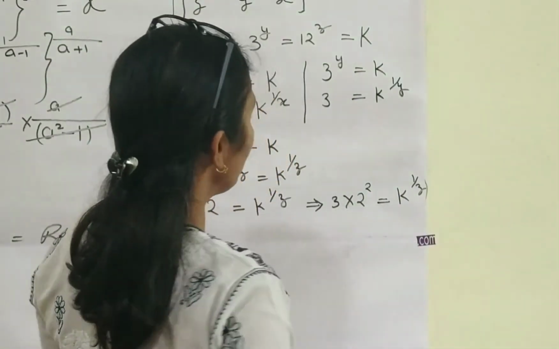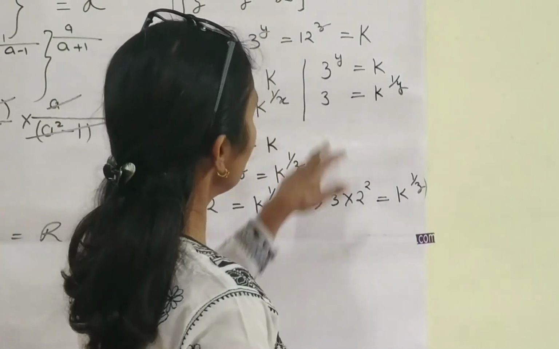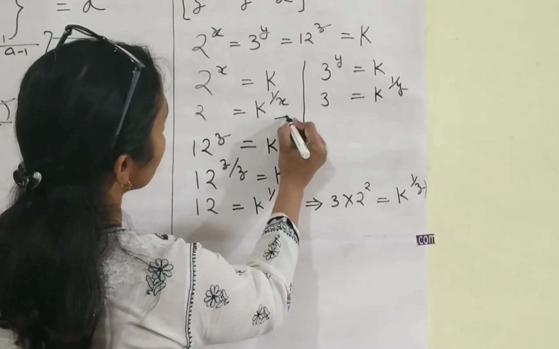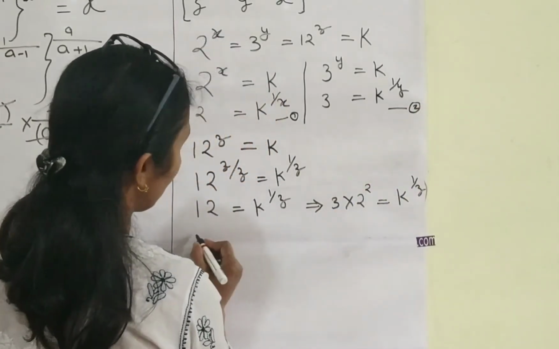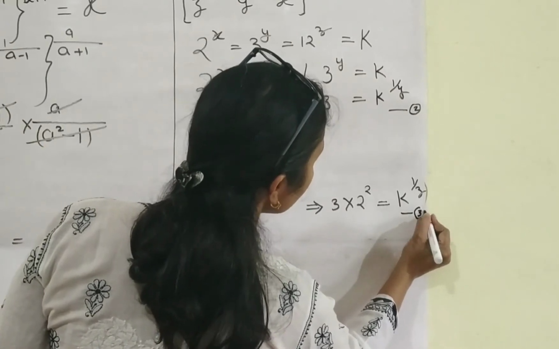Now we will put the values of 3 and 2 from here into this equation. Actually this was equation 1, this was equation 2. Now put the values of 3 and 2 in equation 3.